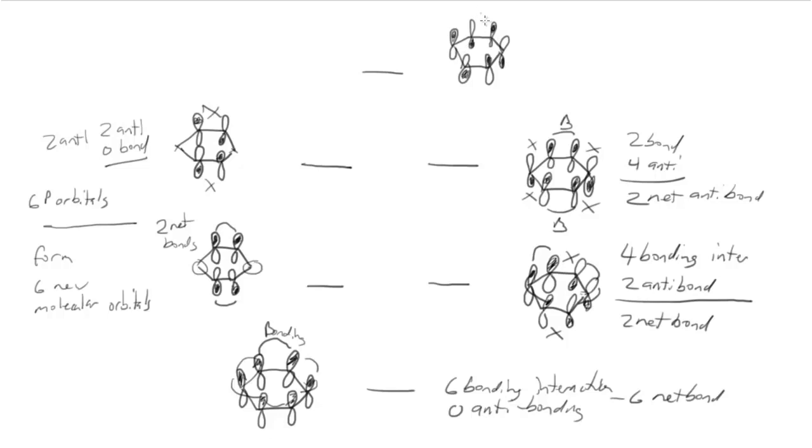So this one here has an antibonding interaction, antibonding, antibonding, antibonding, antibonding, antibonding, all the way around. So this one has 0 bonding interactions, 6 antibonding interactions, for a net of 6 antibonding interactions. So again, this is going to be an antibonding orbital.